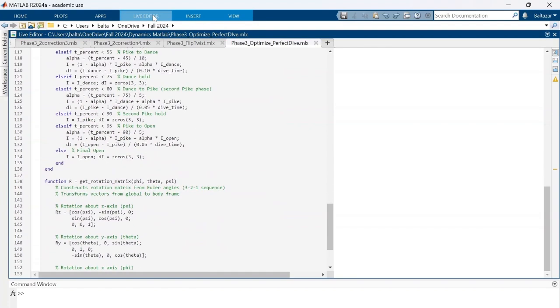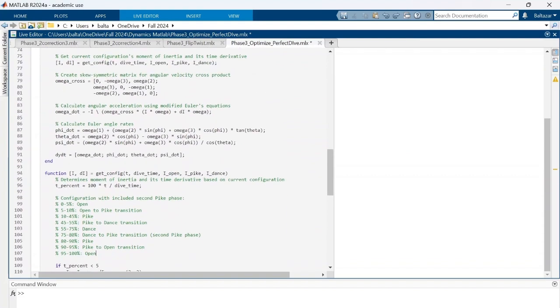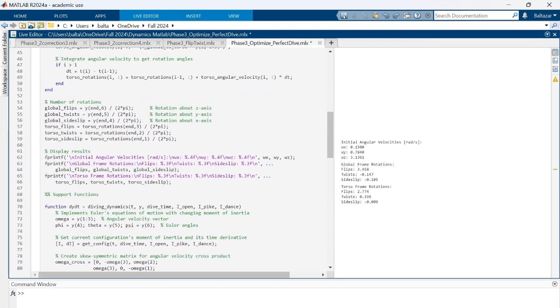And if we run this code, in the global frame we get rotations of 3.4, a twist of 0.1, and a side slip of 0.1. And in the torso frame we get a flip of 2.7, a twist of 0.3, and a side slip of 0.009.